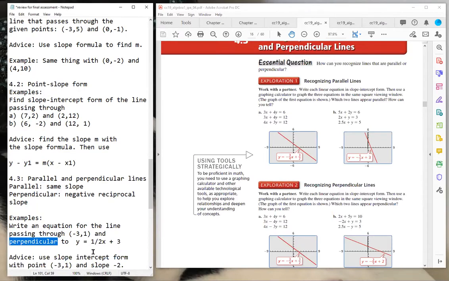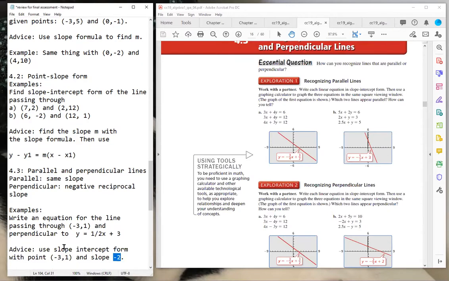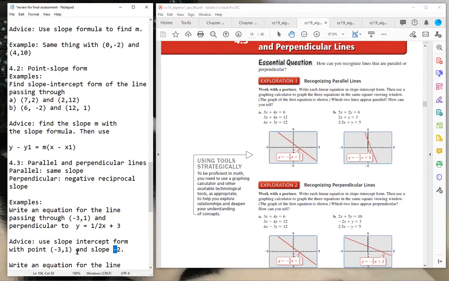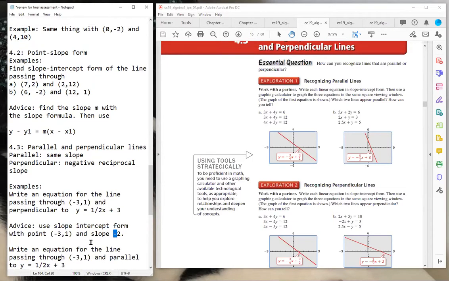So you want the negative reciprocal of 1/2, and that's going to be -2. Reciprocal meaning you take the denominator, and negative, just put the negative sign in front of it. So you're using that same point and slope -2. Once you've got the point and the slope, you just use point slope form.